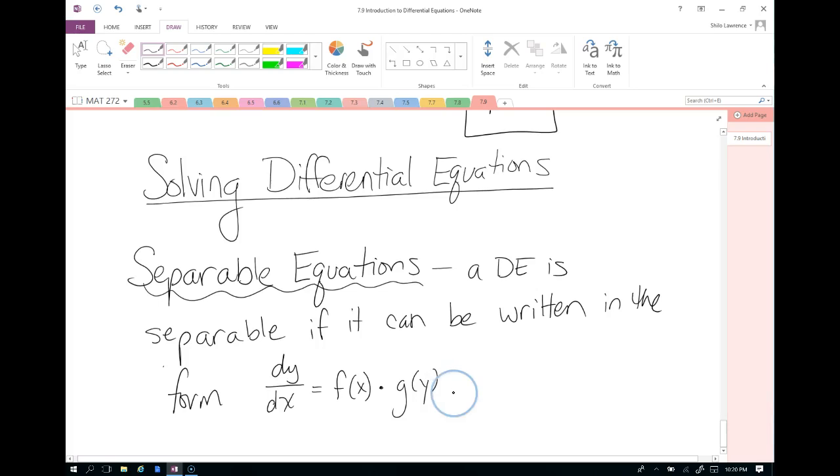So if we can isolate the dy dx on the left side of the equation, and when we do that, it's possible to get the right-hand side of the equation written as a product of a function of x's and a function of y's, then it's a separable equation.